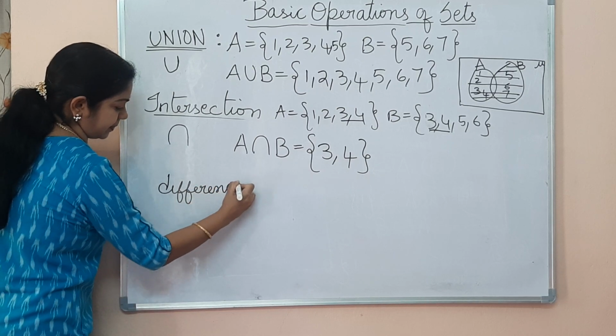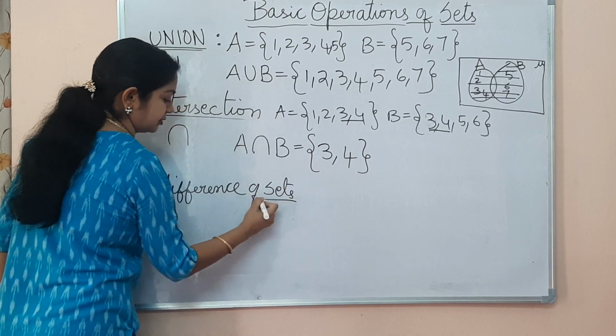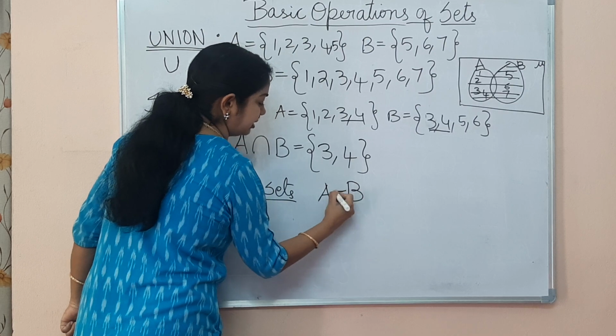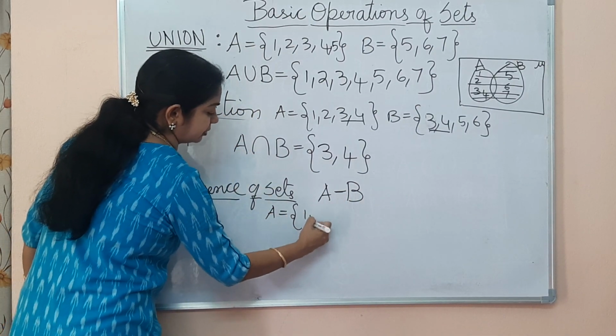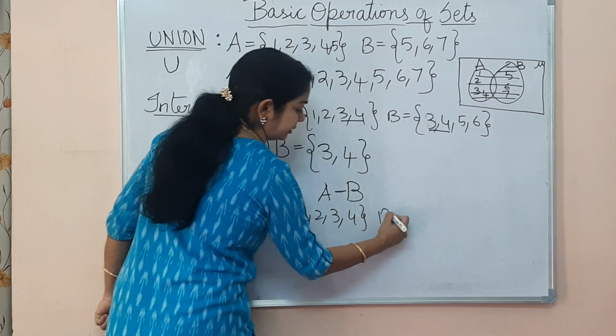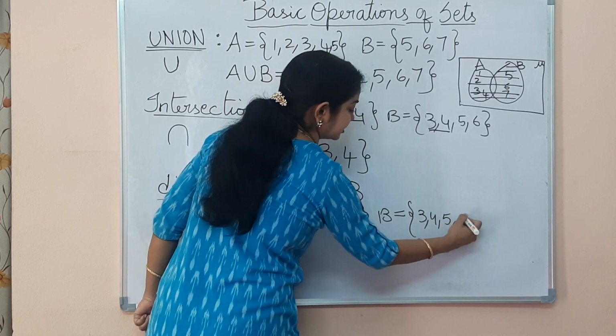Now the third one is difference of sets. You know subtraction. So now we'll see subtraction in sets. Let the set A be the same set, and let B equal {3, 4, 5, 6}.